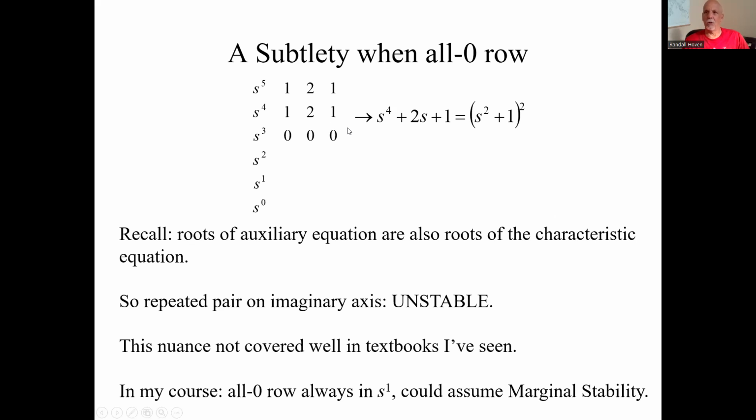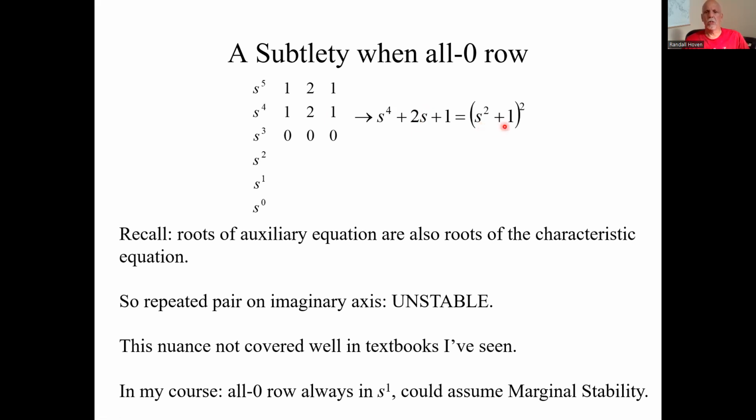Remember, the roots of the auxiliary equations are roots of the overall characteristic equation. Here's the auxiliary equation. Here's what it means. It's in the S to the 4th row. So that's S to the 4th, 2s squared plus 1. Oops, typo, that should be an S squared there.